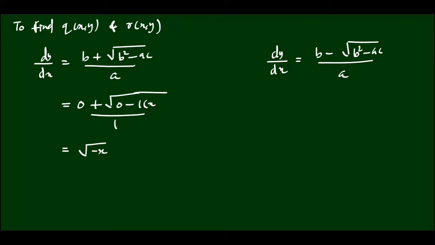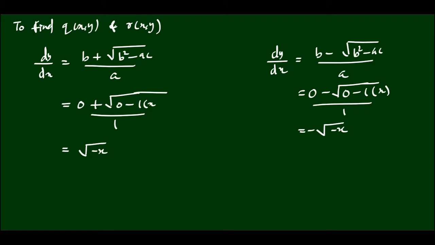In the second equation, we substitute the functions a, b and c: b is 0, a is 1 and c is x, so dy/dx = −√(−x). By solving these two differential equations, we will get q(x,y) and r(x,y).